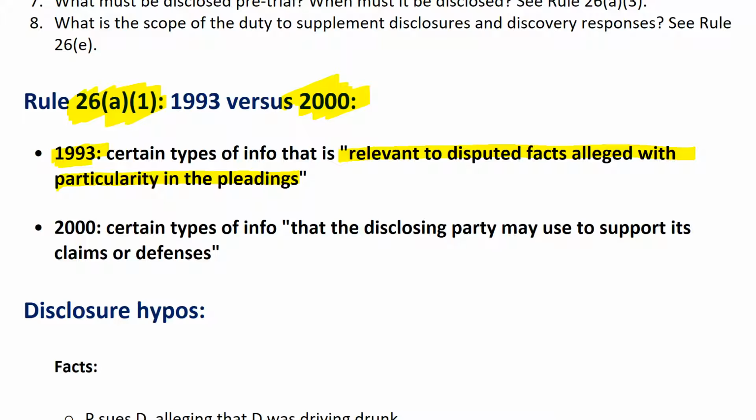So now it's not just any facts that are disputed, for claims, defenses, or whatever, but instead parties have to disclose certain information that the disclosing party may use to support their claims or defenses. Okay, so in other words, anything falling within those categories of information that you could use to help you, right? So you wouldn't have to disclose information that would hurt you.